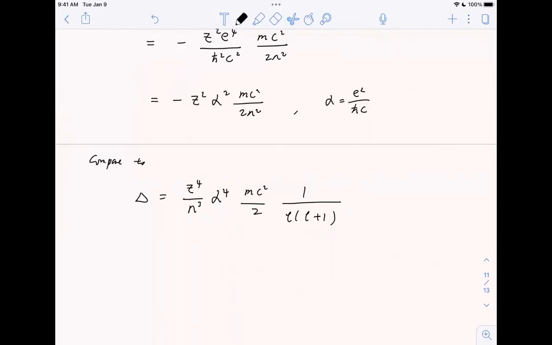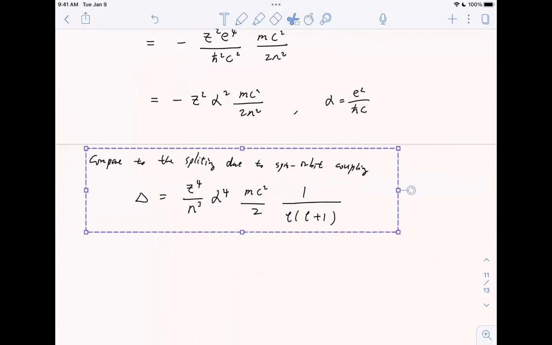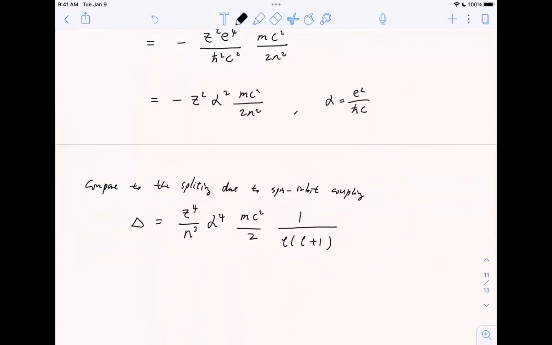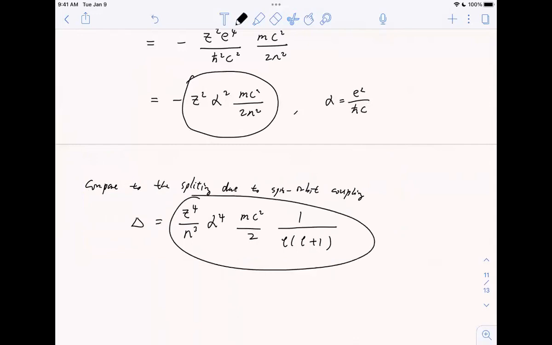Compare to the splitting due to spin-orbit coupling. So you can already see it here, and you can mix them together.